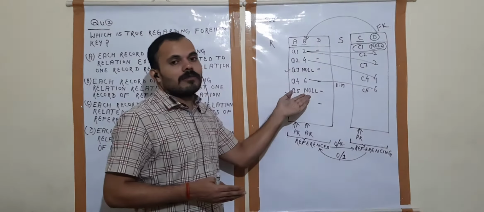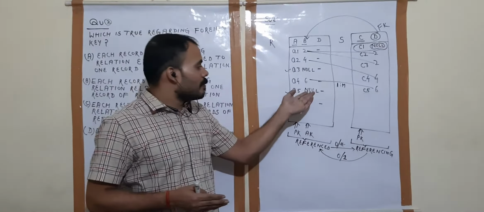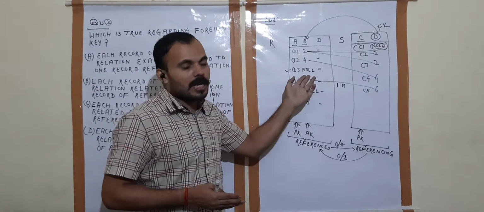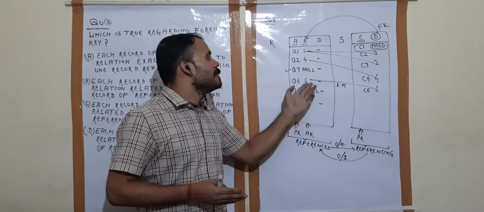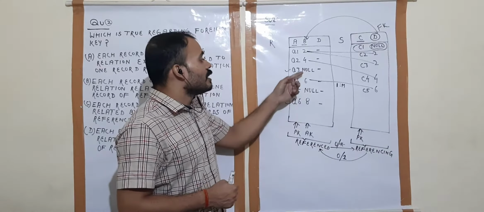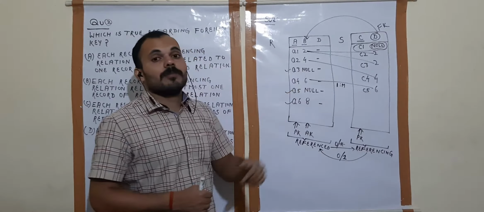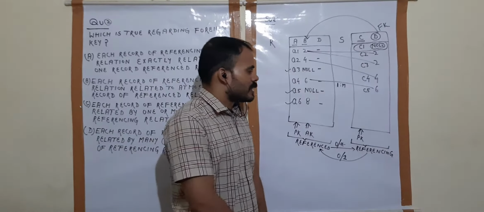So the randomly generated ASCII value for this null will be different from this null. Understood? So this null value and this null value will be different, so it does not violate the candidate key property. Understood? Now come to the question.